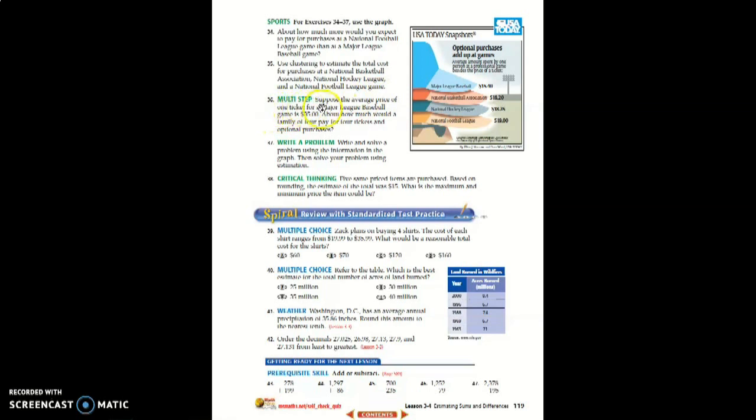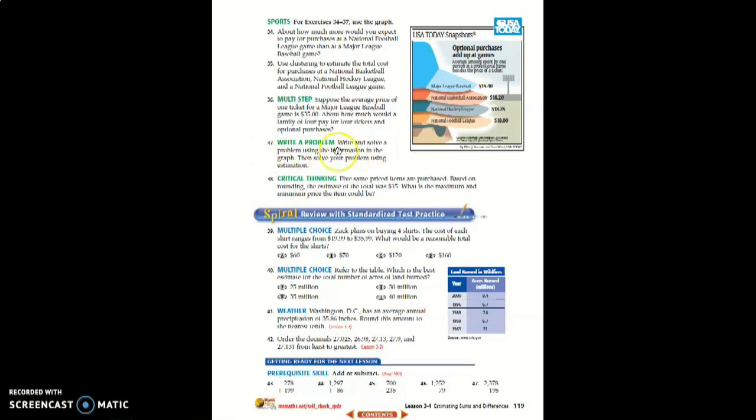36. Multi-step. Suppose the average price of one ticket for a Major League Baseball game is $35. About how much would a family of 4 pay for 4 tickets and optional purchases? 37. Write a problem.